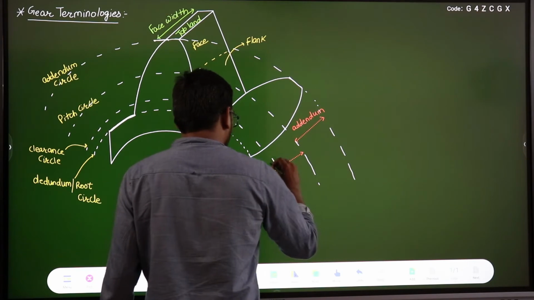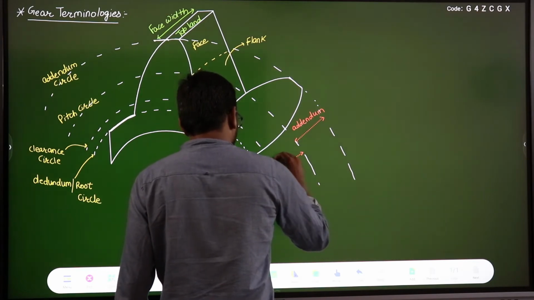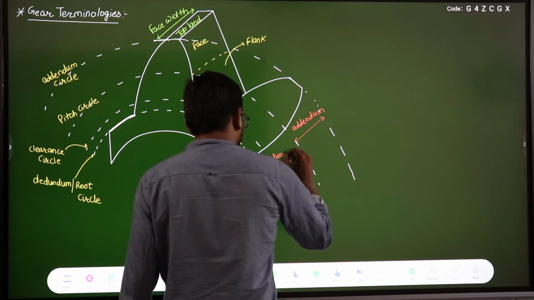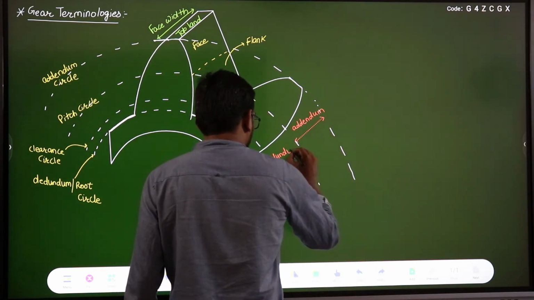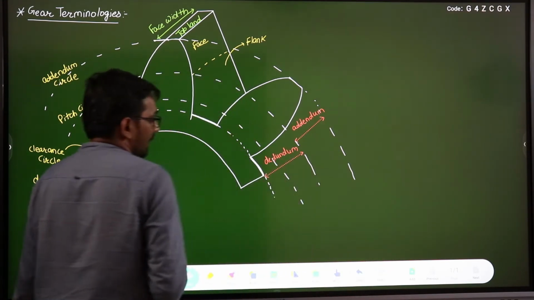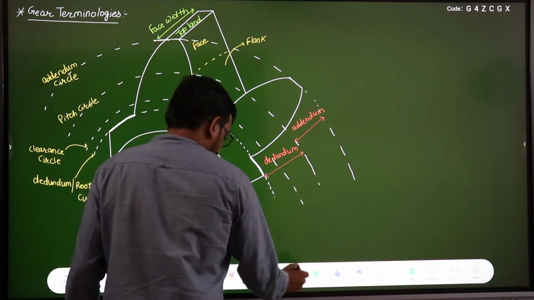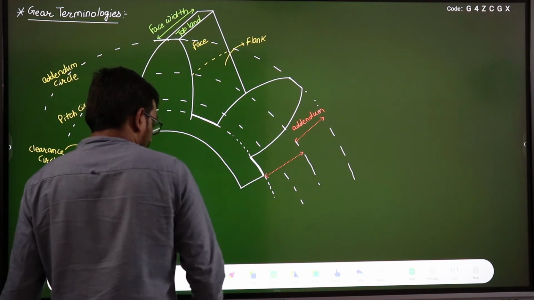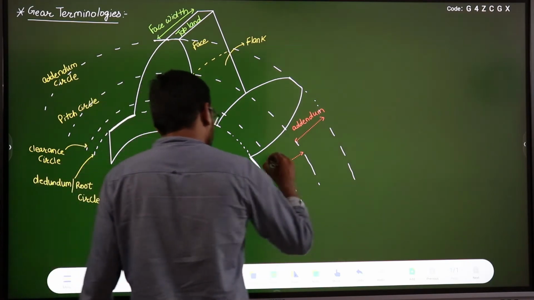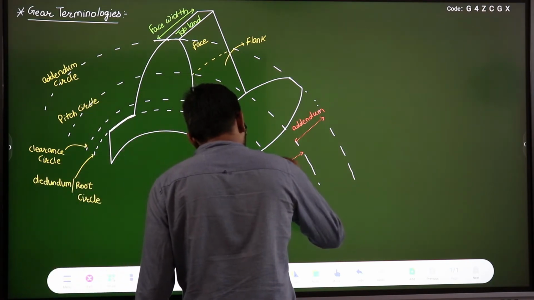This distance is known as the dedendum of the gear.